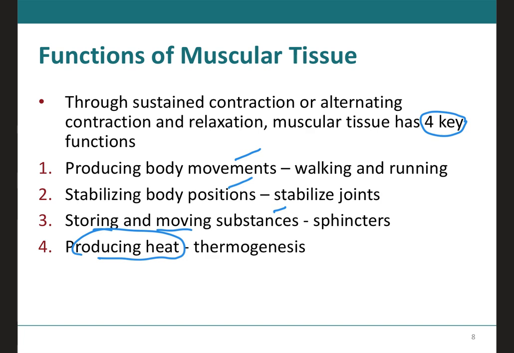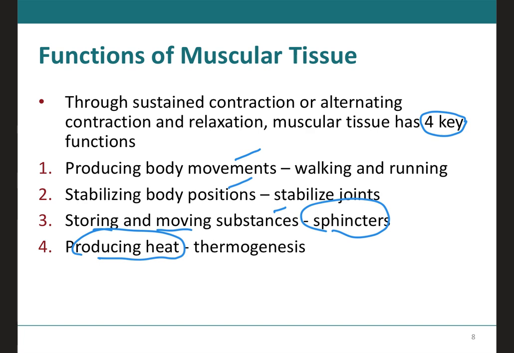Next, we have the storing and moving substances within the body, which is done through this sustained contraction of a ring-like smooth muscle called the sphincter. And the sphincter will keep certain compartments closed and therefore prevent the outflow of the contents in these compartments to the next compartment.